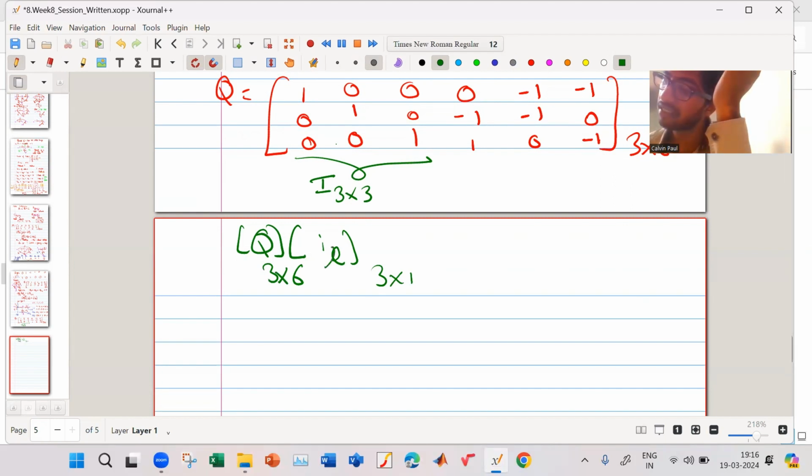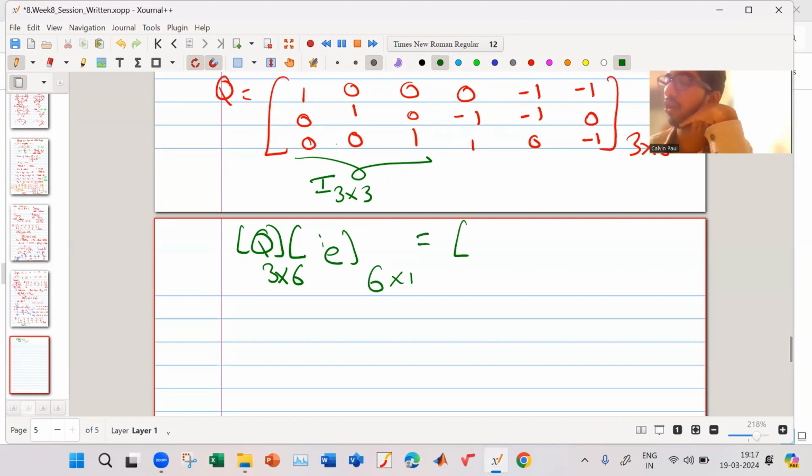And your link currents are 3 only, right? 6 into 1, sir. Correct. It should be 6 into 1, elemental currents, which is 6 cross 1.